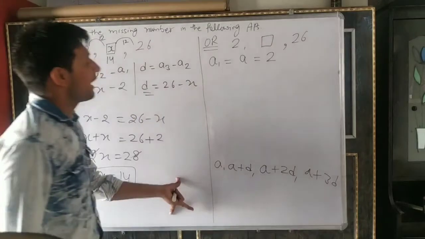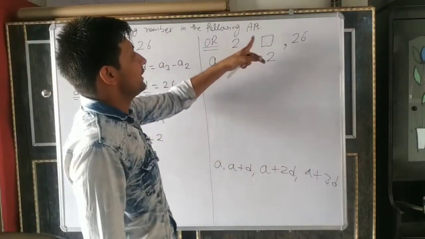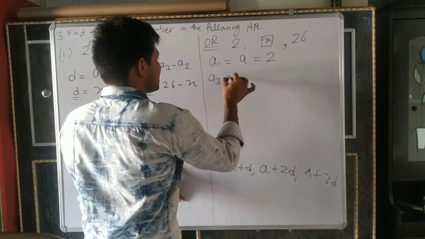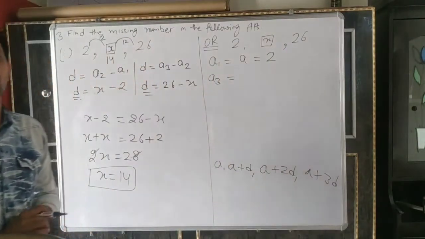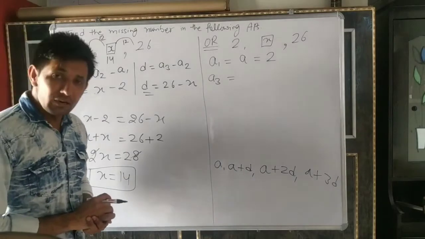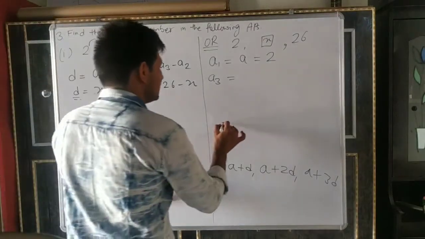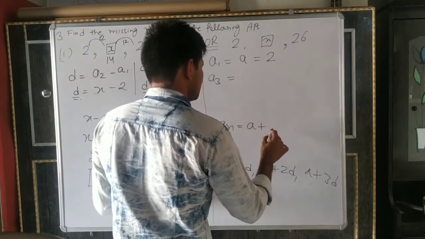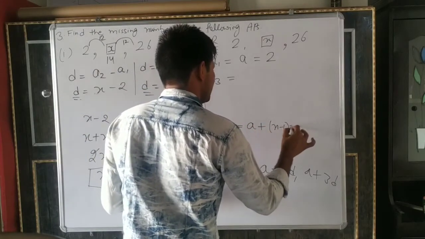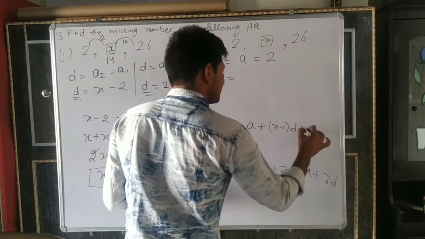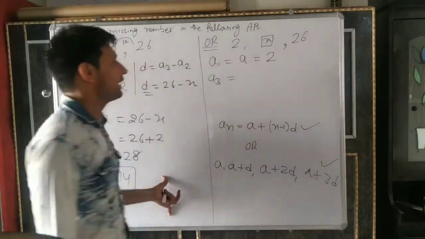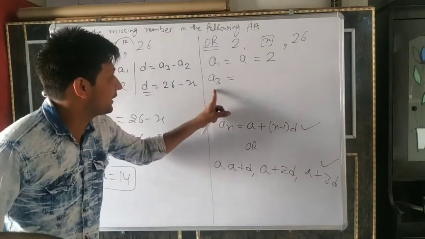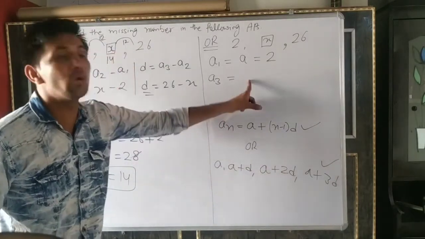Now, same as before, this is the first term, this is the second term, and this is the third term. a3 you can find by the formula an equals a plus n minus 1 into d, or by the general form you can write it directly. The third term is a plus 2d.